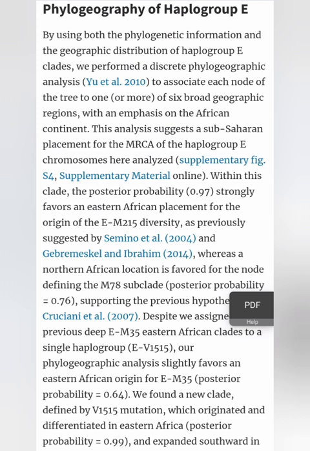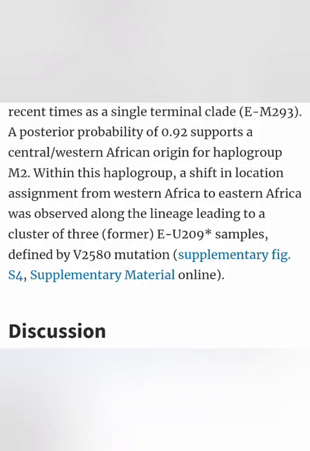We found a new clade defined by the V1515 mutation, which originated and differentiated in Eastern Africa and expanded southward in recent times as a single terminal clade. EM293, a posterior probability of support of Western African origin for haplogroup M2.